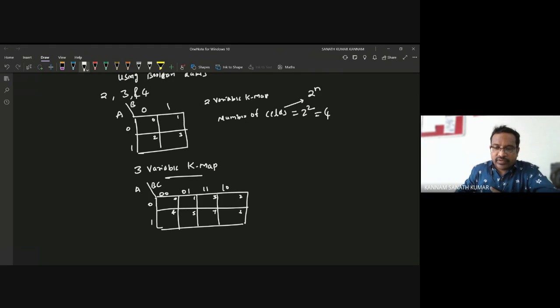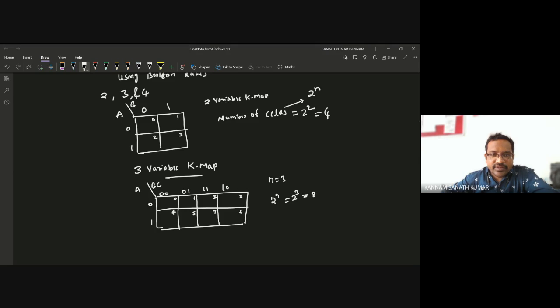Here n equal to 3, so 2 power n is 2 cube, that is equal to 8. It will follow like this: 00, 01, 11, 10. After 0 1 in the binary sequence you would get 1 0, but here you are getting 1 1. Why? Because each and every adjacent code should differ by 1 bit.